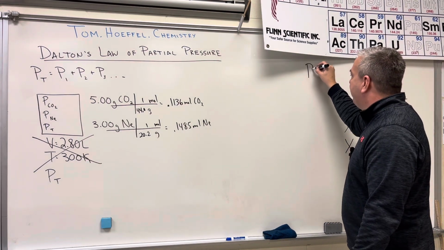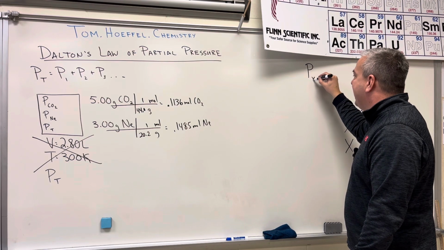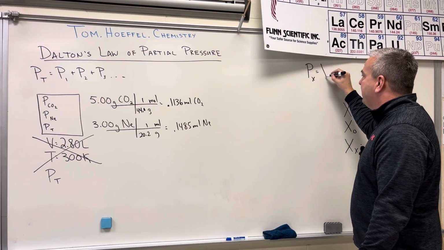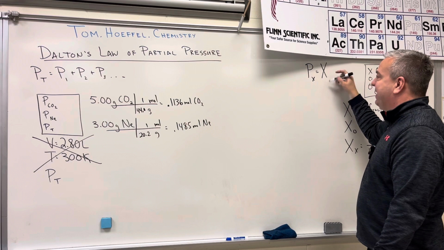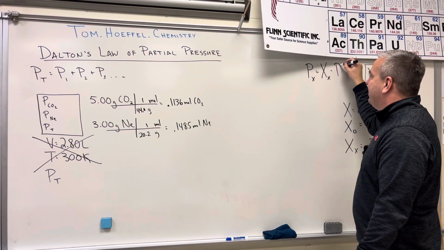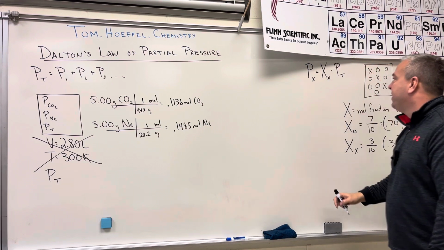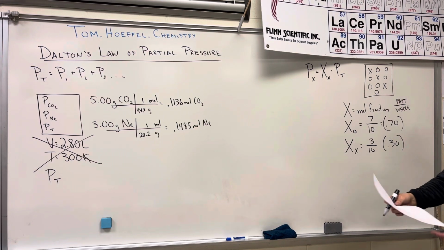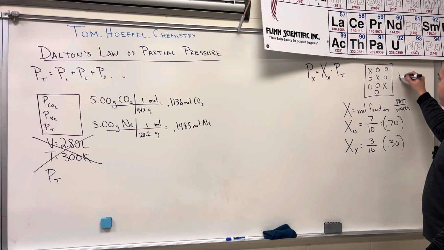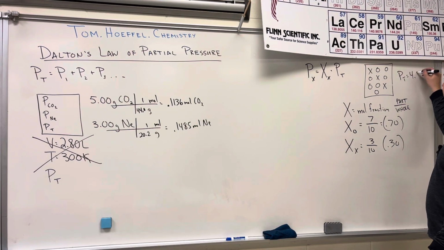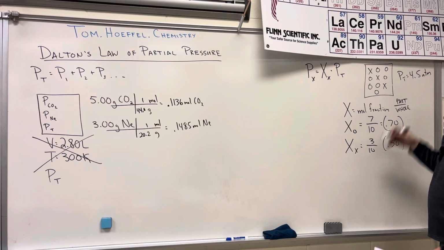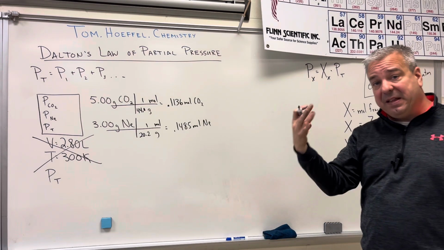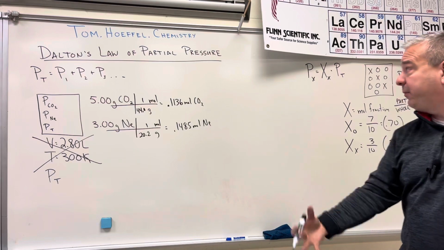So if I wanted to find the partial pressure of the X's, what I would do is take the mole fraction, which is big X, times the total pressure. And if I said that the total pressure of this system was 4.5 ATMs, what part of that would come from the X's and what part would come from the O's?